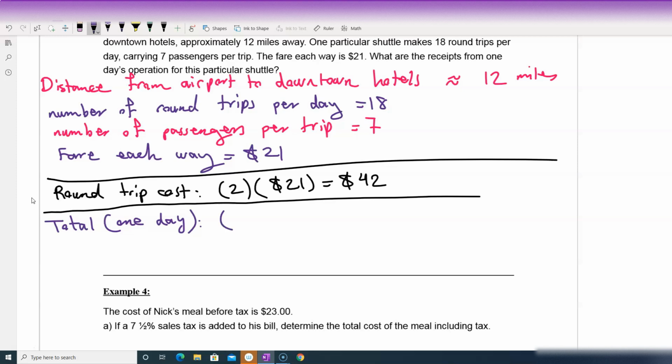So we have 18, the number of round trips, multiplied by 7, the number of passengers, multiplied by the round trip cost, $42. Multiplying all this, the answer is $5,292. So this is the answer for this part.